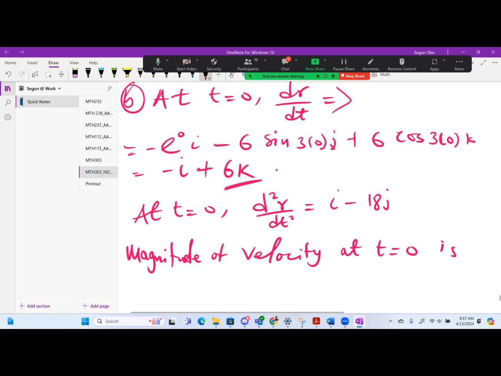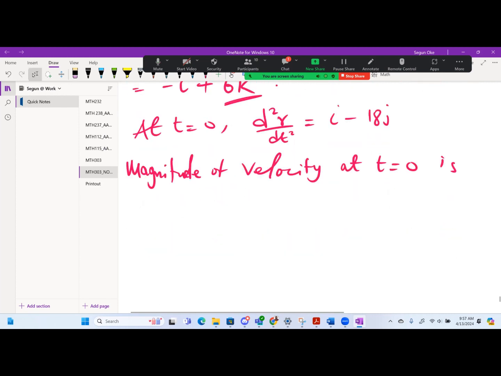Remember, the formula for magnitude depends on what they ask you to calculate. At t equals to 0, it will be the square root of whatever you are given.